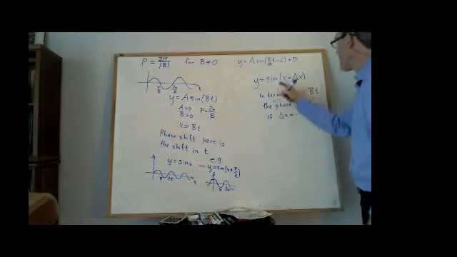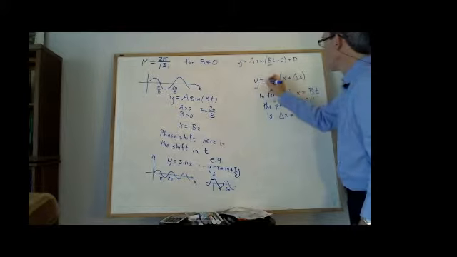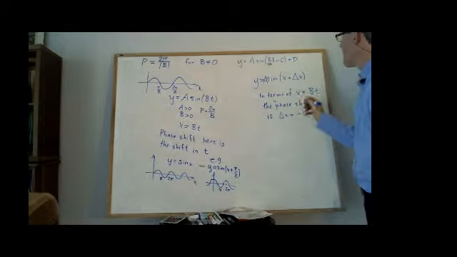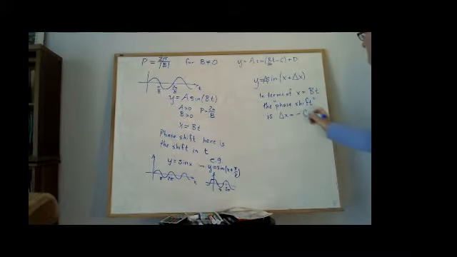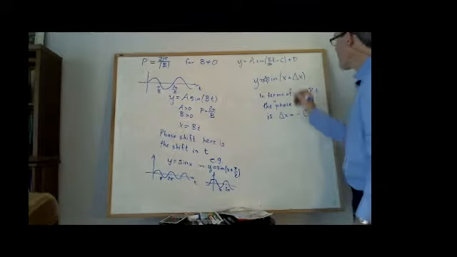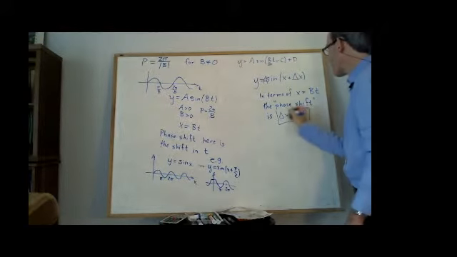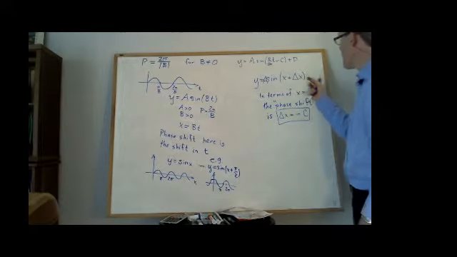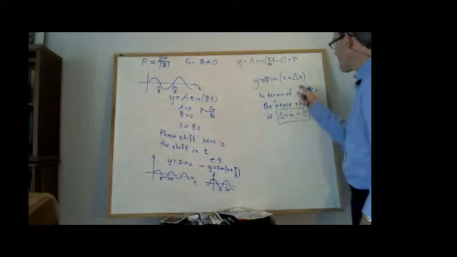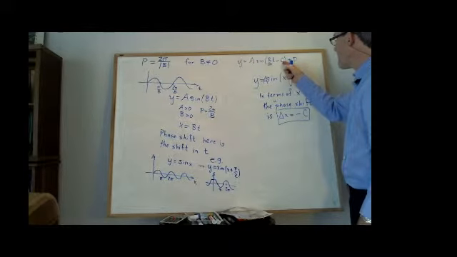Since to get from here to here, I forgot my a here, I just have to replace x by bt and then replace delta x by minus c, and then I get this relation here. This is a requirement to identify what I'm calling this phase shift as minus c.